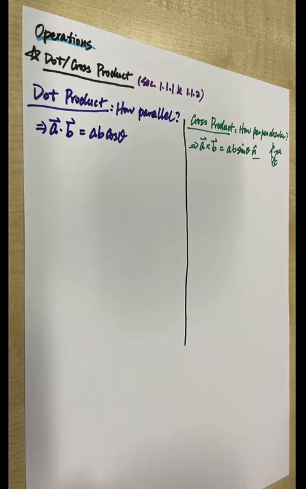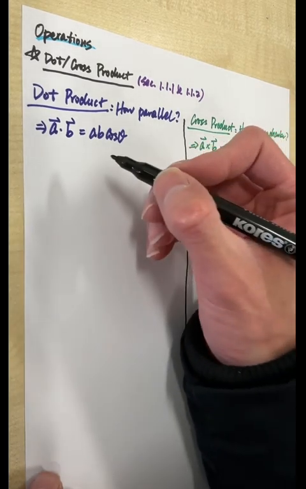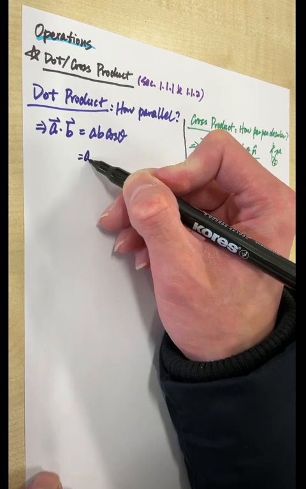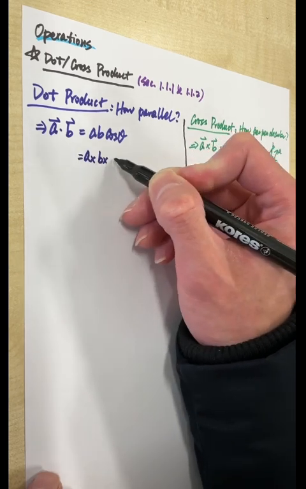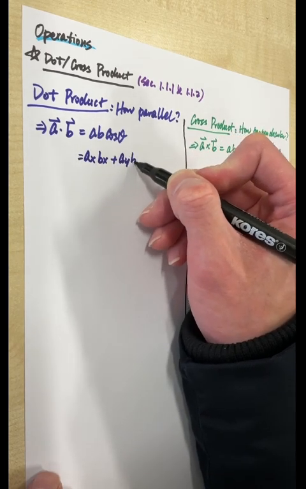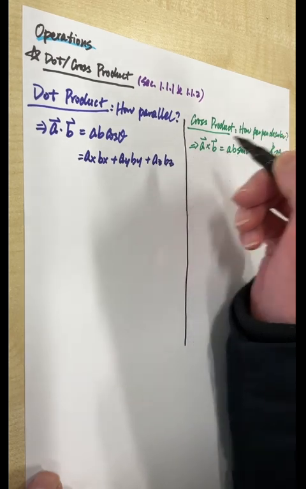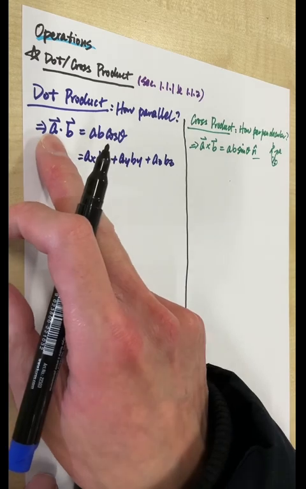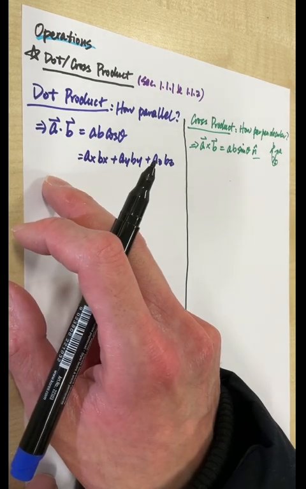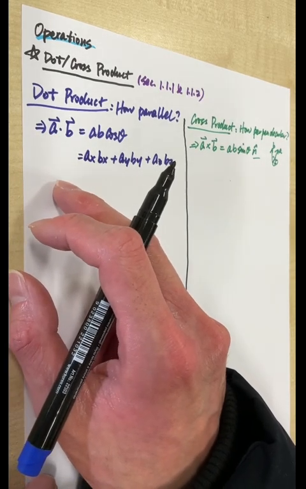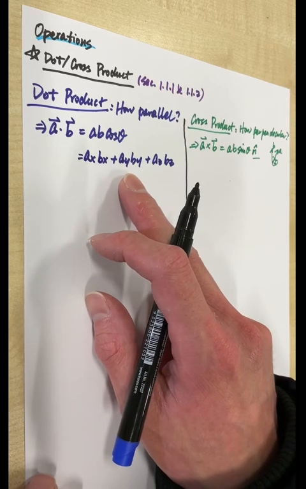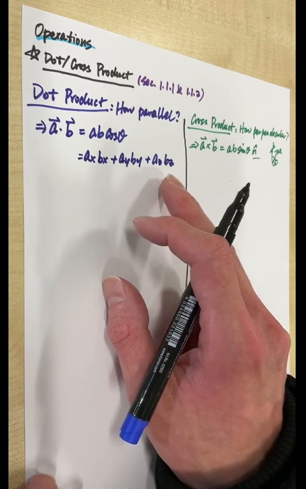Okay, so to calculate this in component form, for dot product, we have AxBx plus AyBy plus AzBz. So any vector would have a component on the x-axis, a component on the y-axis, and a component on the z-axis.